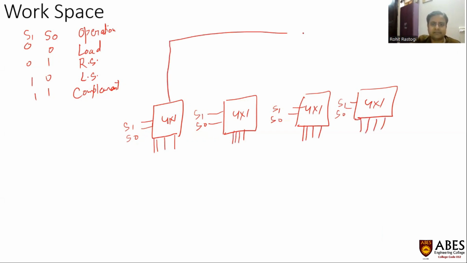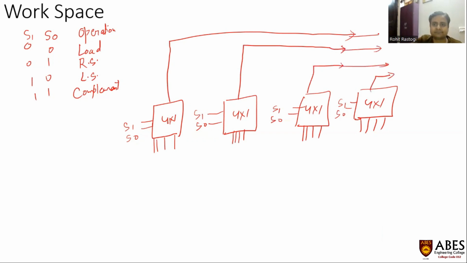And there will be 4 outputs, one from each multiplexer. So a 4-bit output we shall get. Here our actual data is A3, A2, A1, A0. It is 4-bit data. After right shift, we will get IR, A3, A2, A1. And after left shift, we will get A2, A1, A0, and IL.